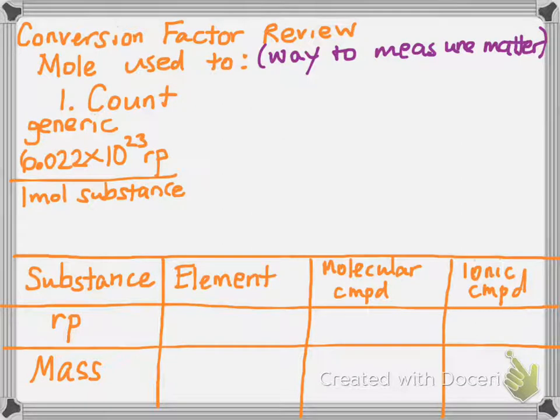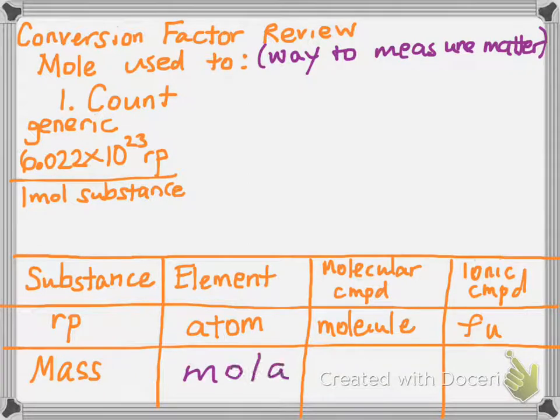Remember, representative particle is the smallest piece. Our smallest piece of an element is an atom. Our smallest piece of a molecular compound is a molecule. The smallest piece of an ionic compound is the formula unit. In terms of mass, for all of these we're going to talk about molar mass, and we'll review that in just a moment.